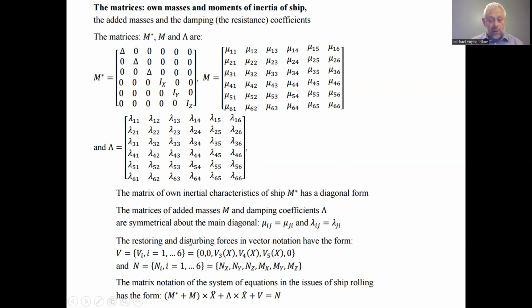The restoring and disturbing forces are vectors and have the following form. We do not have the restoring forces along the translational motion along the abscissa axis and ordinate axis of the Cartesian coordinate system associated with the ship, and for the rotation moment in the plane of the water surface, relative to the applicate axis.